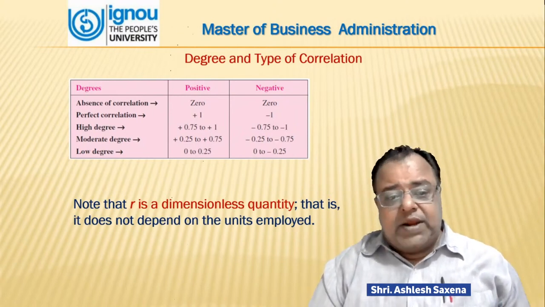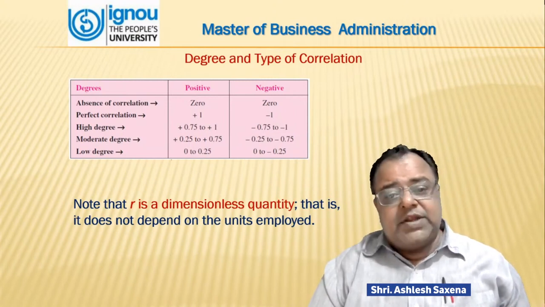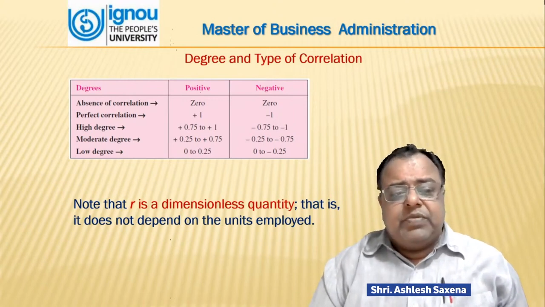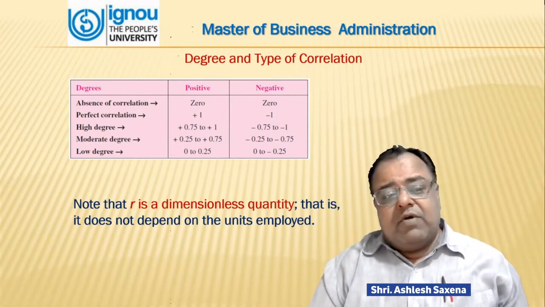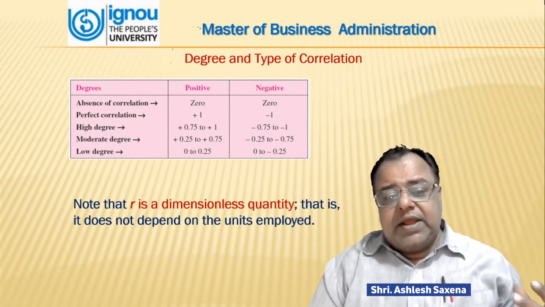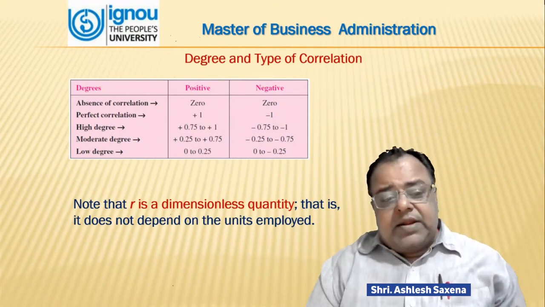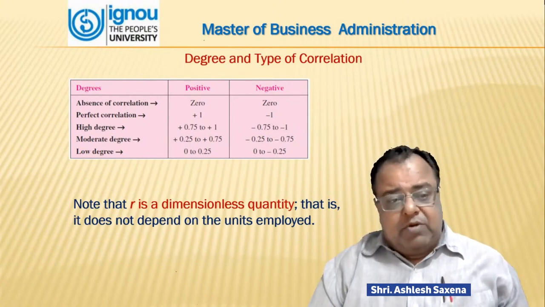If it is plus 1 or minus 1, that is perfect correlation: plus 1 is perfect positive correlation, and minus 1 is perfect negative correlation. High degree is a value between 0.75 to 1, and similarly for negative. For moderate, it is 0.25 to 0.75, and for low degree of correlation, it is from 0 to 0.25. R is a dimensionless quantity; it does not depend on the units employed.